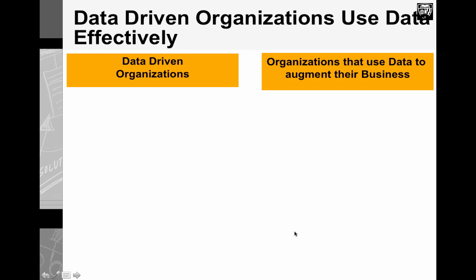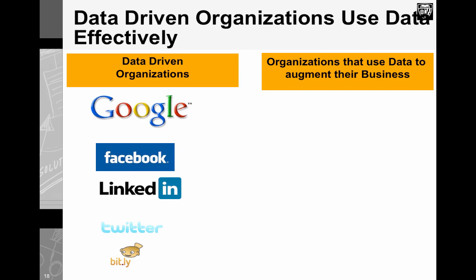So who are these data-driven organizations? If you think about it, companies like Google, Facebook, LinkedIn, Twitter, Bitly, they're all pure data-driven organizations. What are they really selling? What products do they have? It's all data. Search, $35 billion industry, is all about collecting data, processing data, giving the right search results, data back to the customer, back to the user.